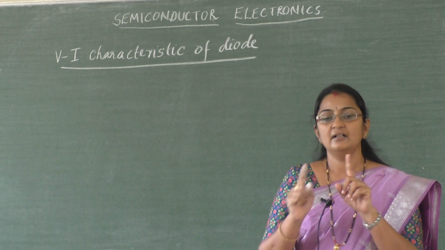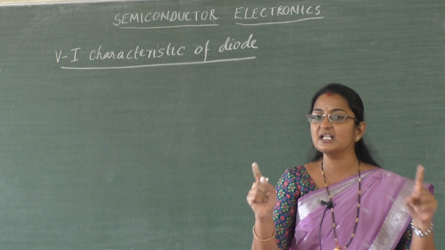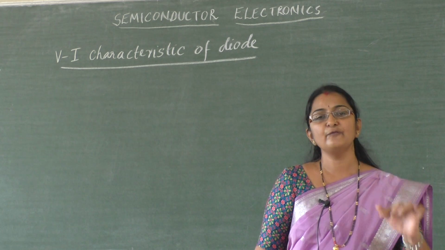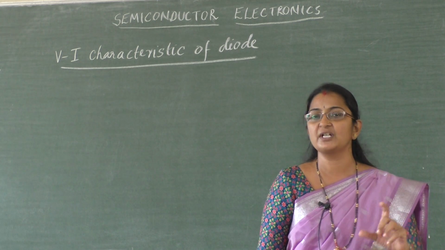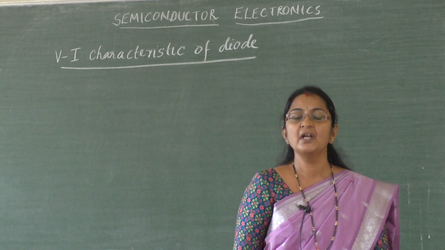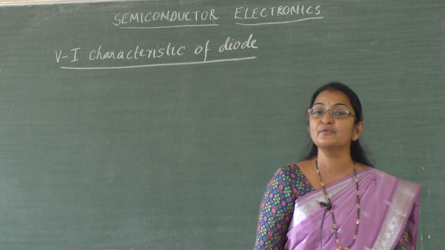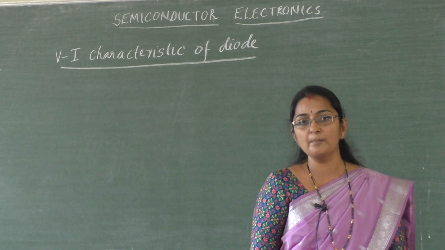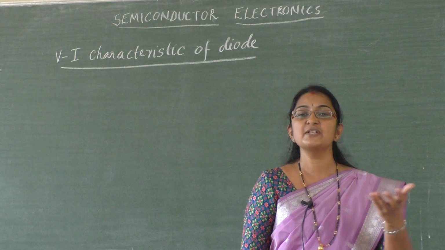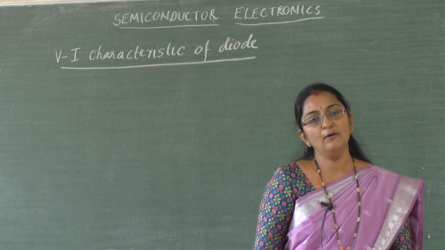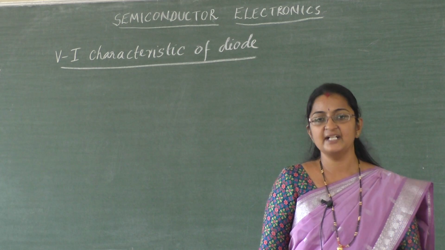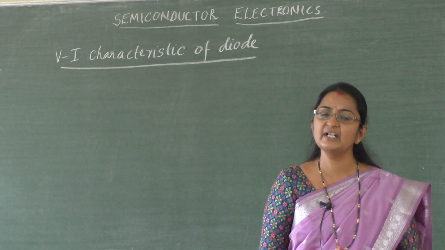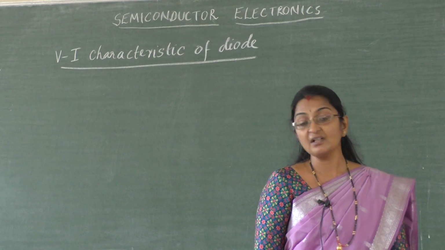So the width of the depletion region also increases. The effective barrier potential height also increases. Here the resistance is very large, of the order of few mega ohms, which will not allow the majority charge carriers to flow through it. So the current, the conduction, is very low or negligibly small.